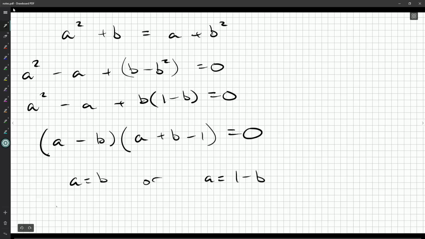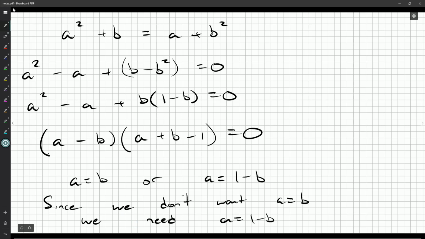Okay, so we specifically, let's actually write a sentence, since we don't want A equal to B. Let's say we need A to be equal to 1 minus B. Now we've got A is greater than 0 and B is greater than 0.